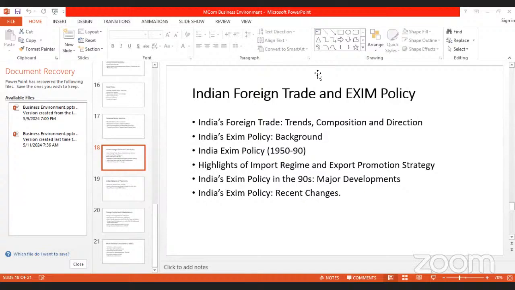Third restriction was high tariffs, the imposition of high import duties to protect the domestic industries. Next one is essential imports. Under this, priority was given to essential imports like food grains, fertilizers, and industrial machinery.